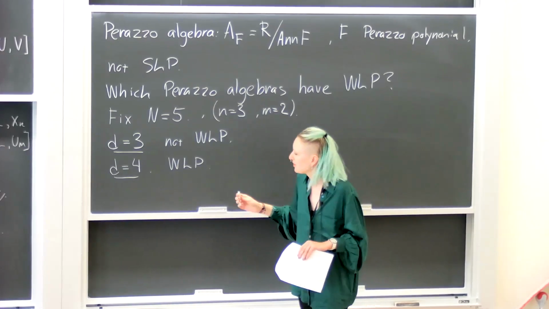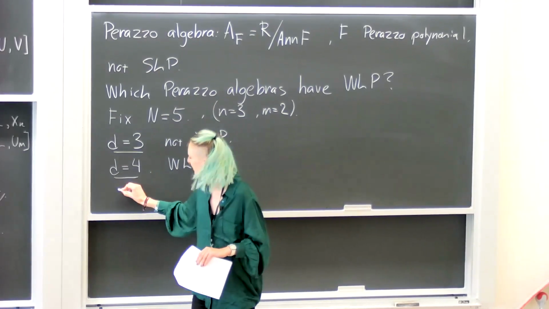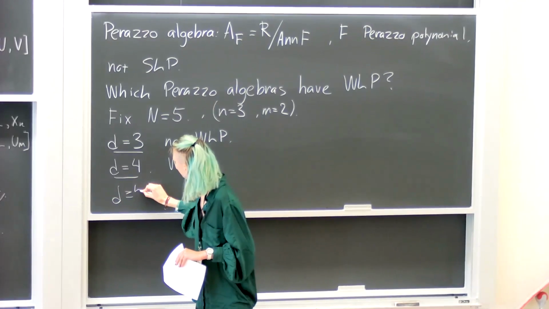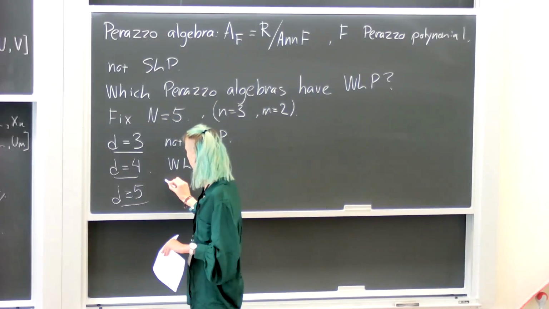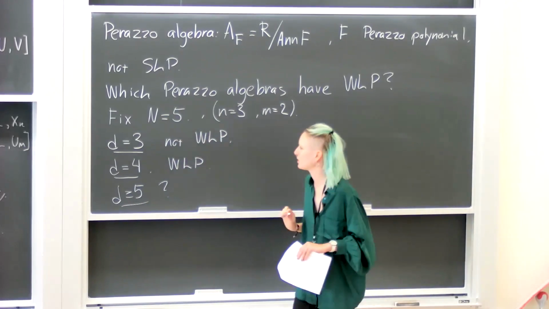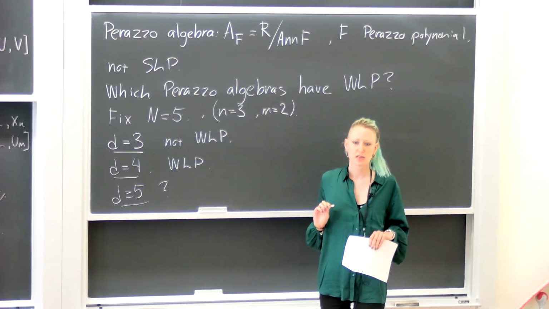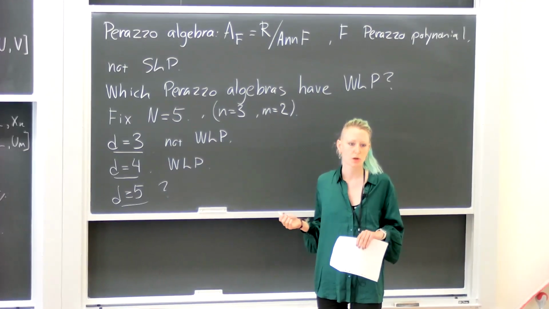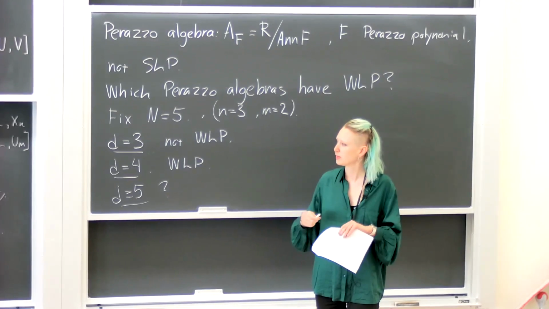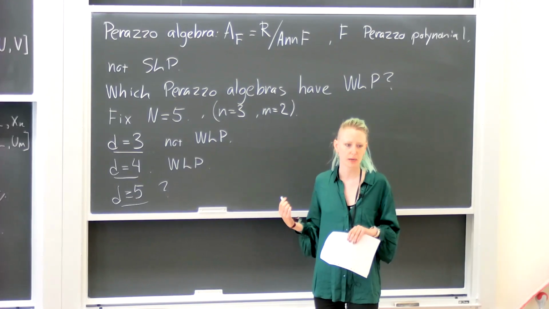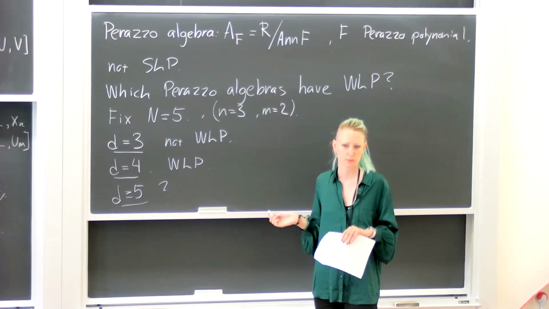Okay, so now we can focus on degree 5 and up. What happens there? That's the question. And the answer is going to be in terms of the Hilbert function. So you will be able to determine from the Hilbert function if your Perazzo algebra has WLP or not.